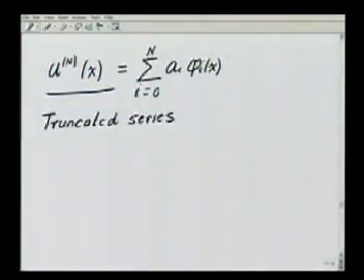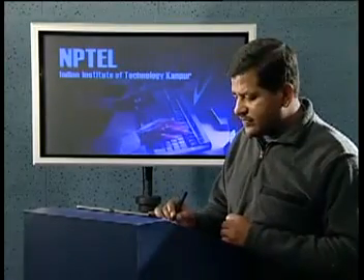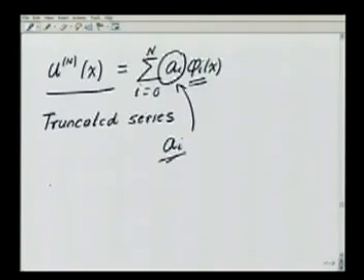Again, in this truncated series, if we can find all these coefficients a_i, and given these functions phi i, then we have obtained our approximate solution or the truncated solution. The question is, how do we choose these phi i's? One thing that these phi i's have to satisfy is that they have to be linearly independent.